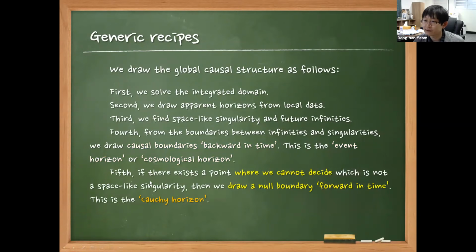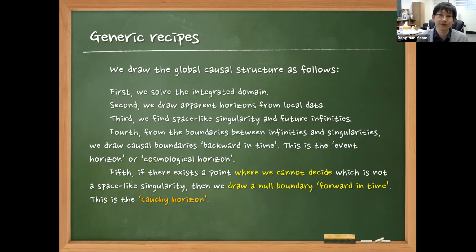And finally, fifth, if there exists a point where we cannot decide, which is not a space-like singularity, then this may be the time-like singularity. Then we draw the null boundary forward in time, and this is called the Cauchy horizon. So in the first, second, third steps, all of them are local things, and the other two topics are about the global horizons.